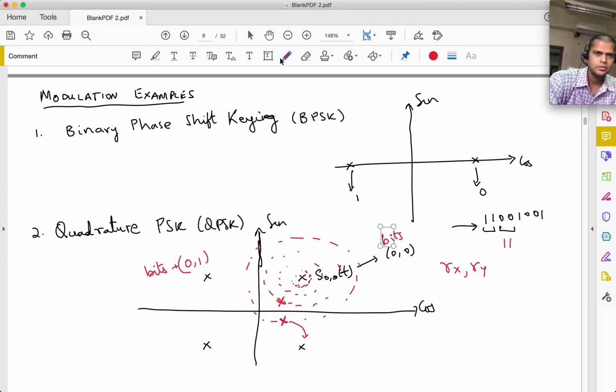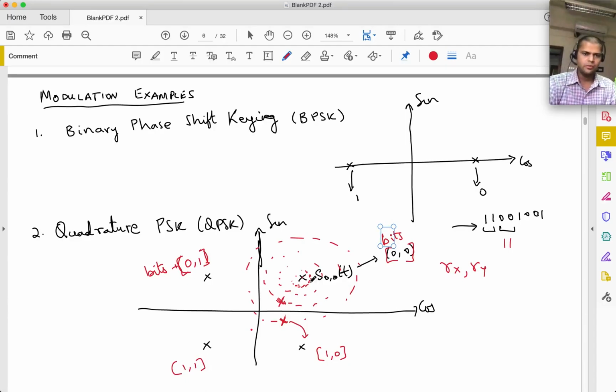Maybe I should use a different notation, maybe square brackets. And there is some small chance that I go here too, right? So I'll put bits 1 0 corresponding to this, and chances of my going here are very low, so I don't have to worry about it too much. I put bits 1 1 over here.